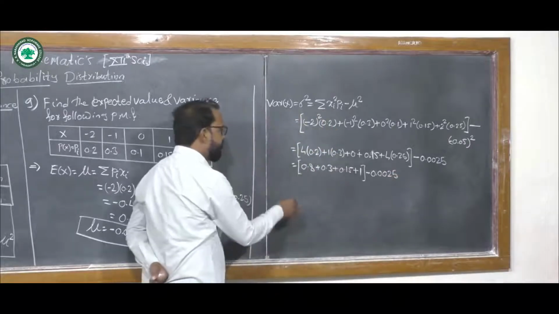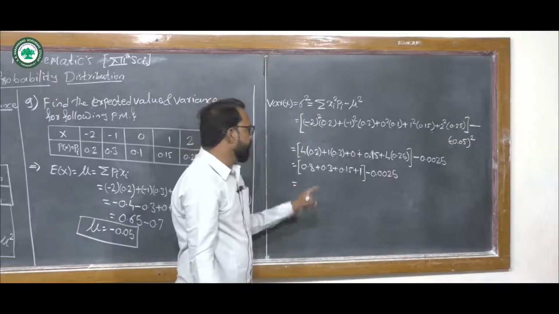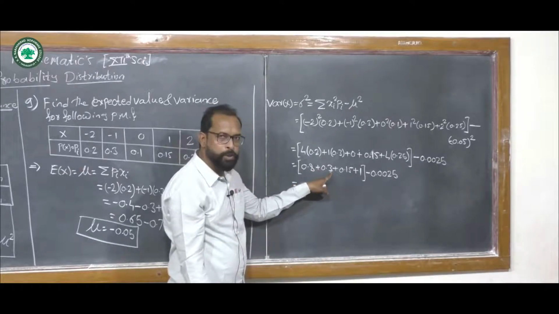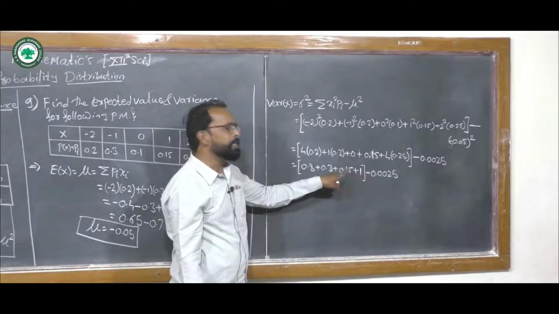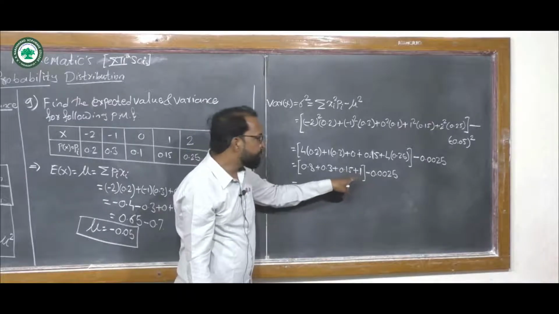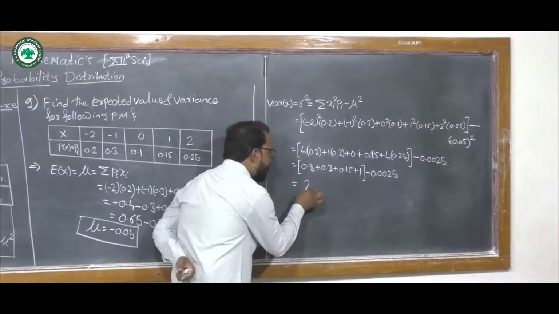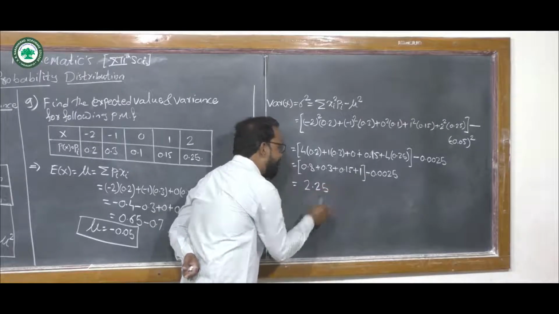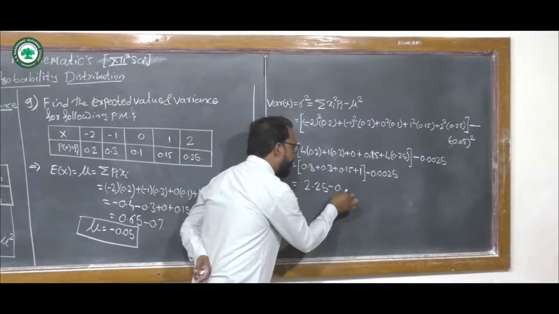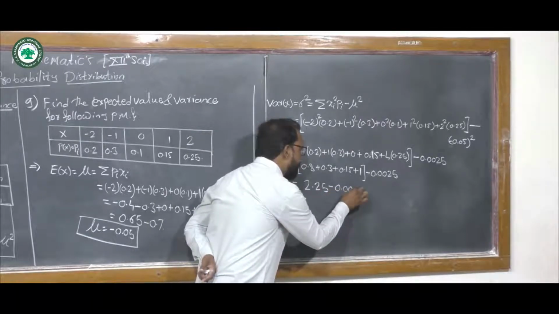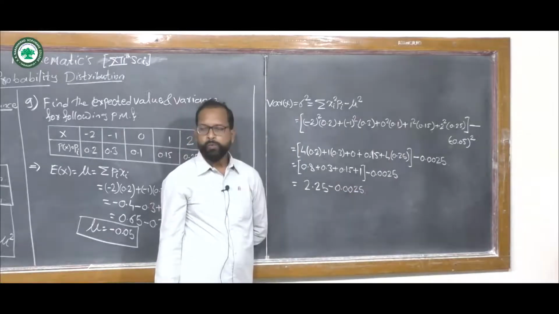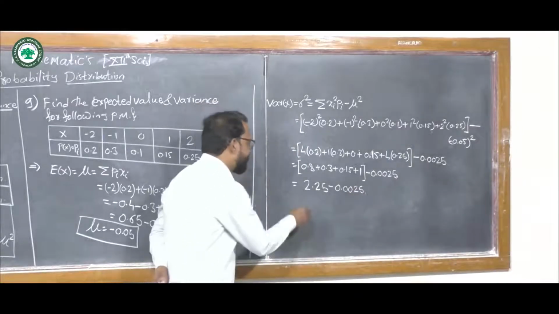Now taking this sum, 0.8 plus 0.3 means 1.2, 1.2 plus 0.15 means 1.35, plus this 1, so it becomes 2.35 minus 0.0025. Now make this subtraction.